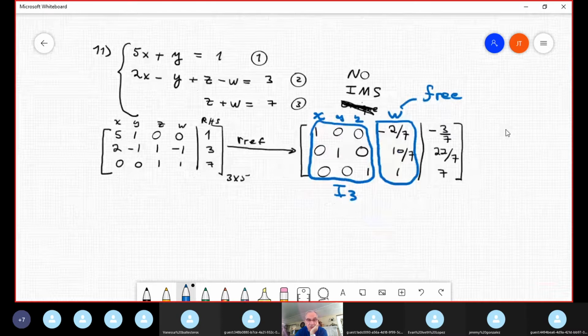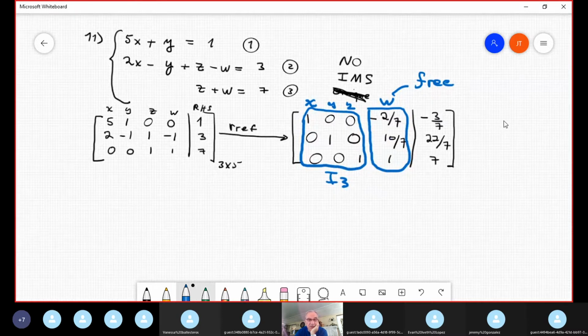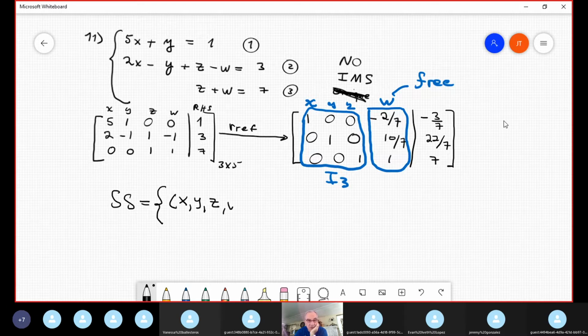Okay, so infinitely many solutions is a little bit complicated to express as the solution set, because it's not 1, 2, 3, 4, 5. It's the points that belong to the dimension 4 space, x, y, z, w, okay, the Einstein space.